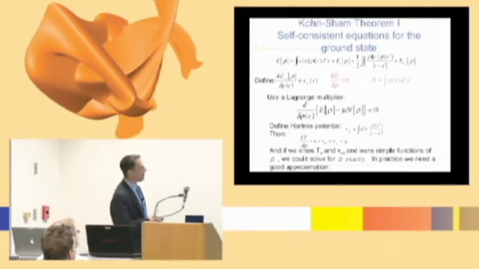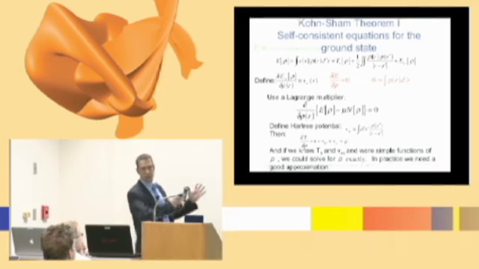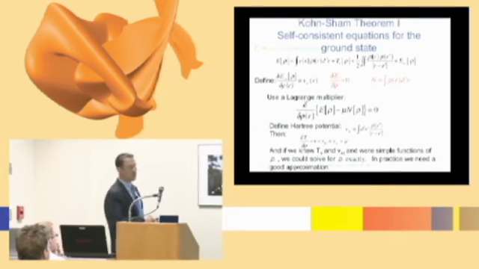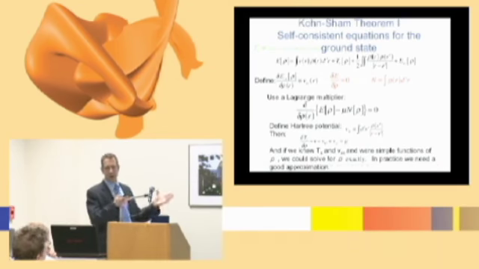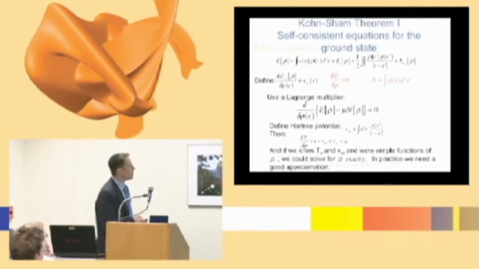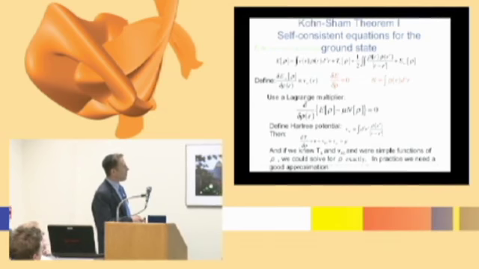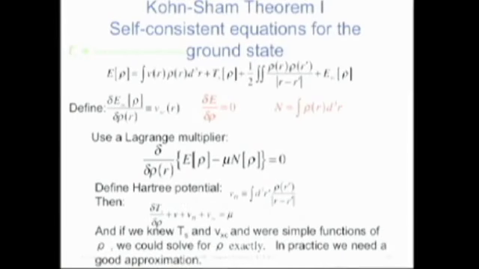So the number of electrons is the integral of the density over space, either per volume, per unit cell, or in a finite molecule or atom, over the whole system. We want to solve this problem of the energy being a minimum with respect to density by using a Lagrange multiplier mu on the total number of electrons.